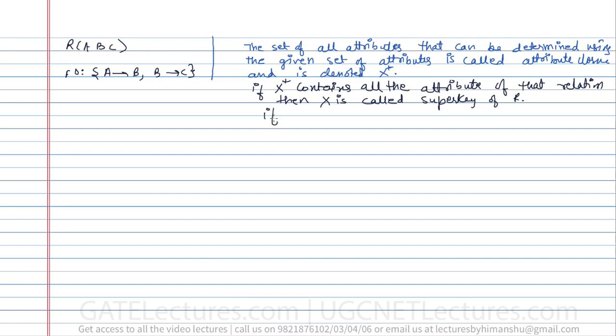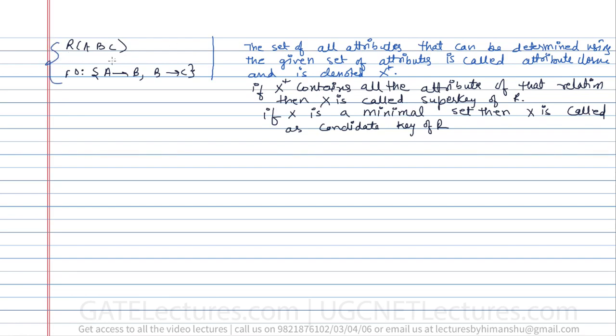And now if X is a minimal set, then X is called a candidate key of relation R. Let me explain to you what I've written here.